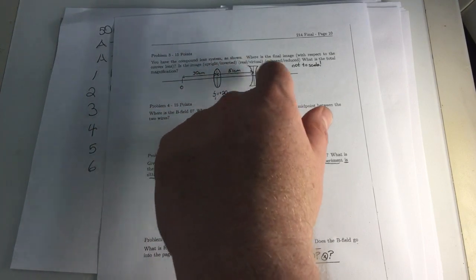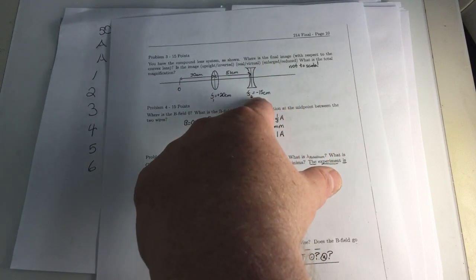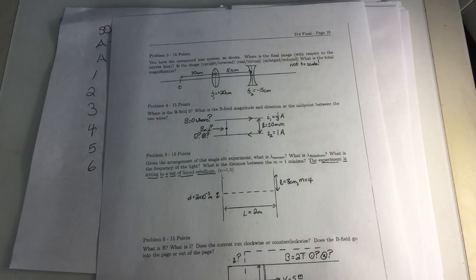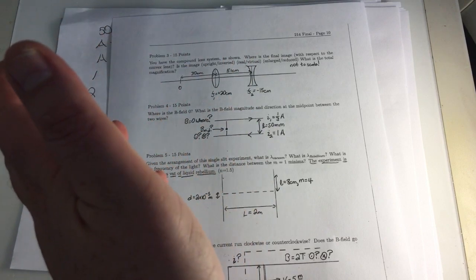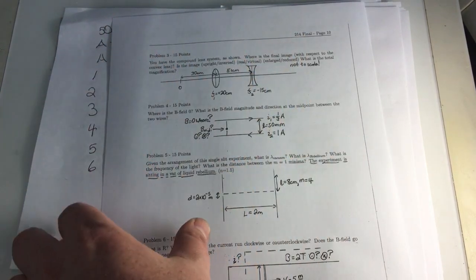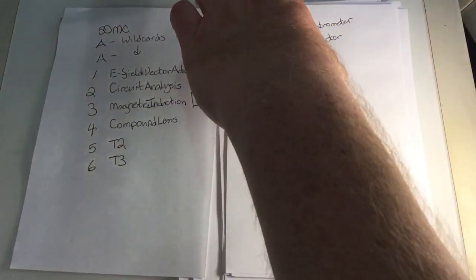To the 51 centimeters to the right, that's an odd number, you've got a concave lens of a negative 15 centimeter focal length. I've got to know where the final image is. I want to know the total magnification, and describe it. This is a classic compound lens. You do this in 2 stages.